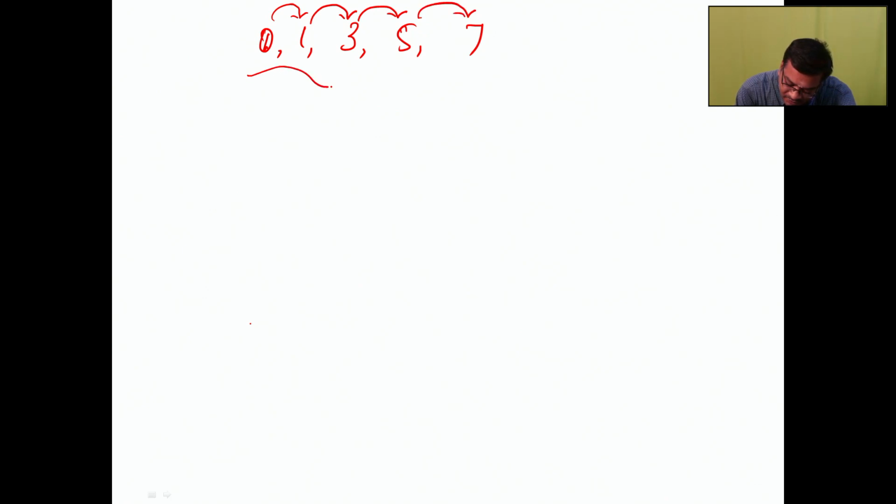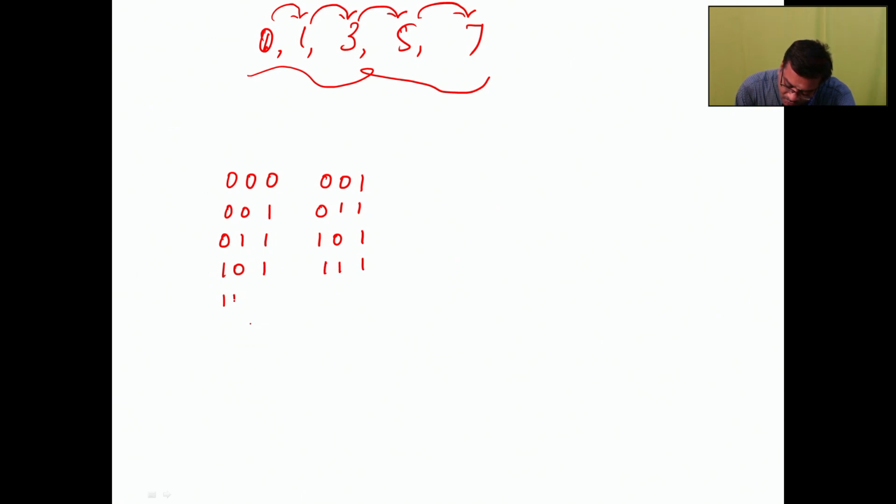So 0, 0, 0: the next state will be 0, 0, 1. Next 0, 0, 1: the next state will be 0, 1, 1. Next 0, 1, 1: the next state will be 1, 0, 1. 1, 0, 1: the next state will be 1, 1, 1. 1, 1, 1: the next state will be 0, 0, 0.